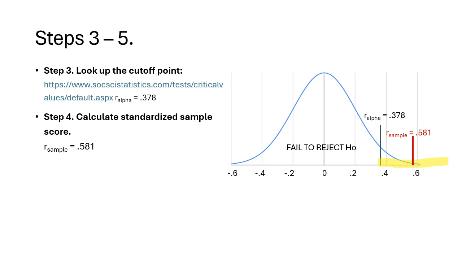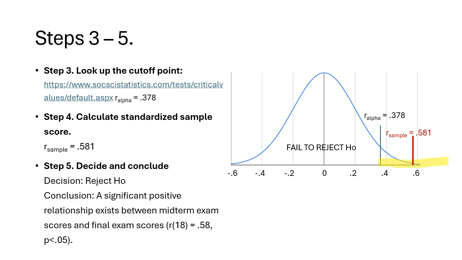We make the decision the same as always. Because it's in the shaded region far in the tail of the distribution, we decide that we can reject H0 and conclude that a significant positive relationship exists between midterm exam scores and final exam scores. And of course, since it is significant, we have to do an interpretation, which you'll see on the next slide.